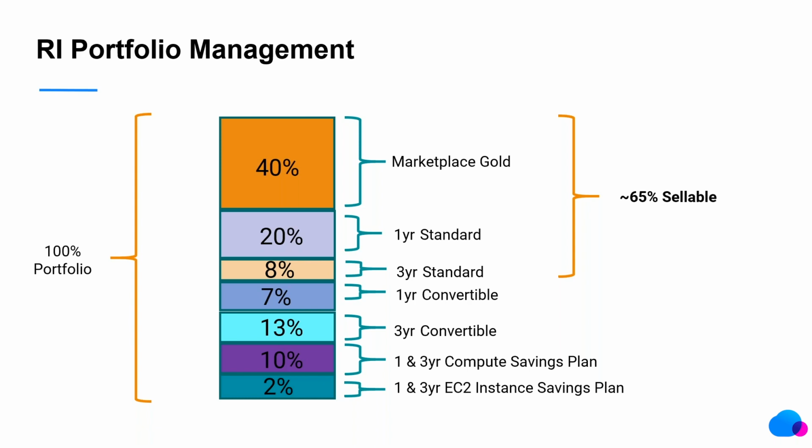So this is when we talk about the pros and cons of each. You're going to get the flexibility and capture savings that you might not otherwise get by bringing in the savings plans. And then you can bring in standard RIs or Marketplace RIs to get that higher savings rate, but not necessarily lock you into being stuck with them for a very long time.